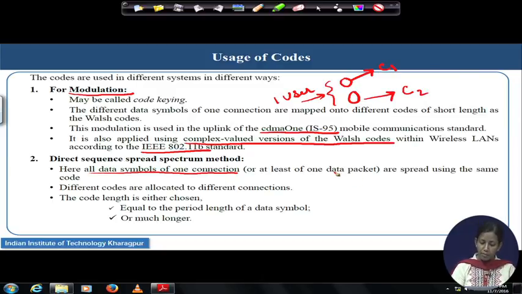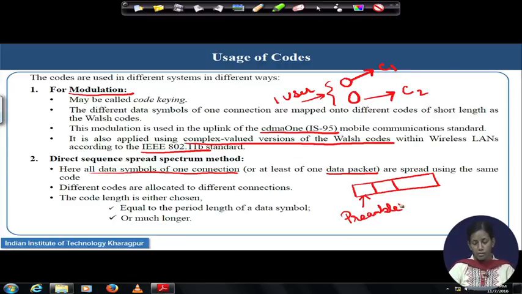What is the meaning of a data packet? The structure of a packet may be constituted of a number of frames. Let us understand that one packet has one frame. Then the packet will have mainly three sections. One is the preamble, where we send training sequences to synchronize the transmitter and the receiver, and we also utilize some sequences for channel estimation.